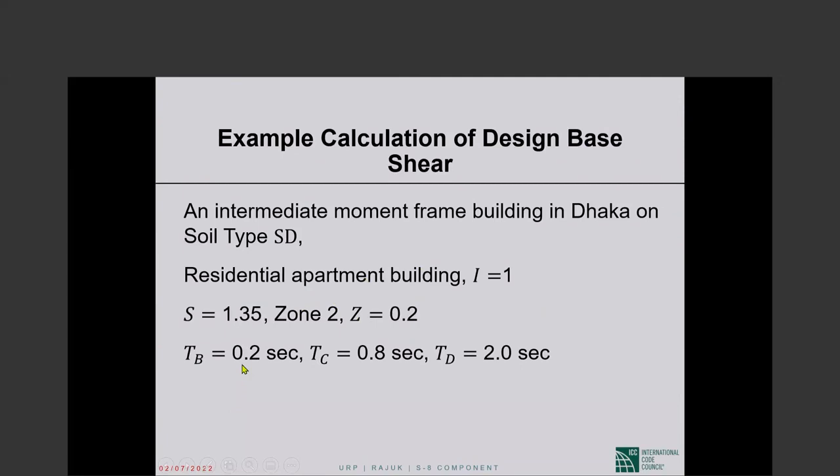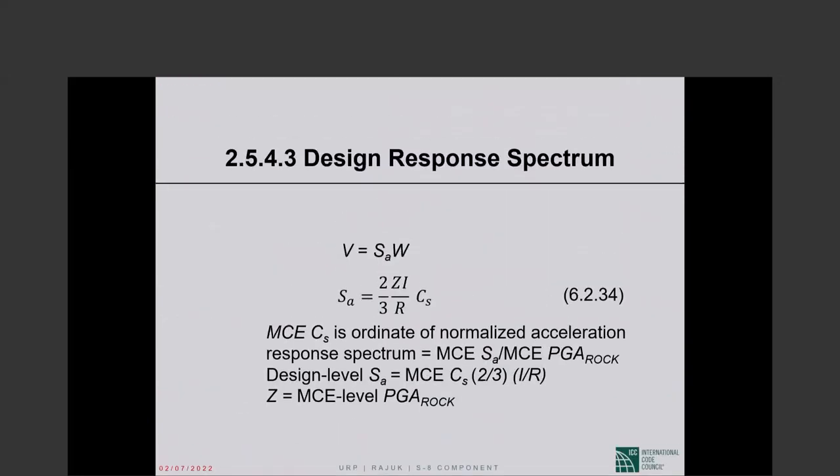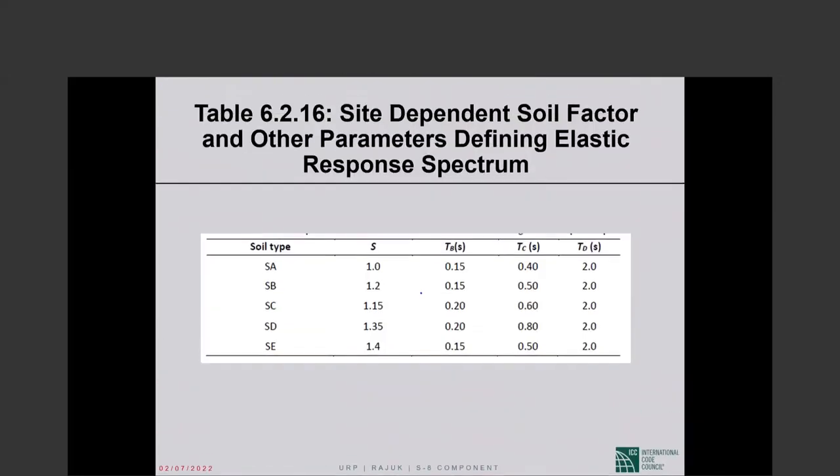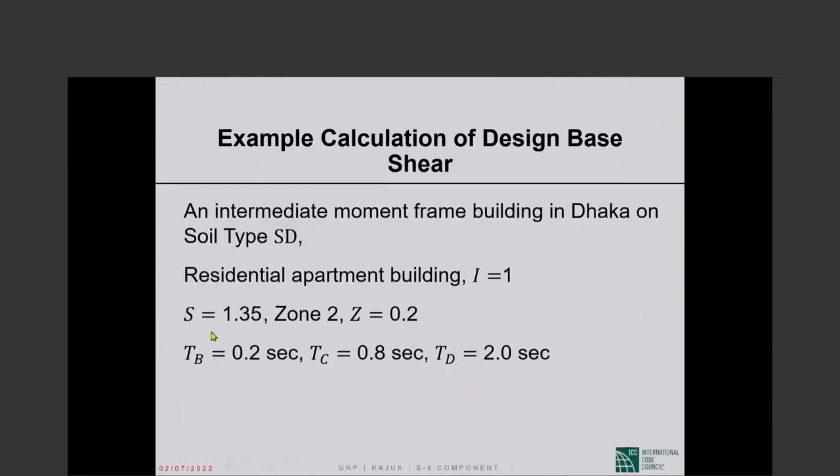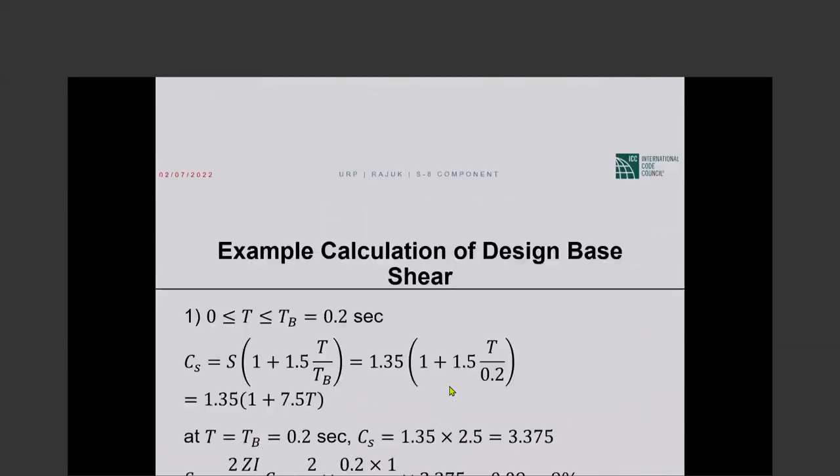From the same table, for Dhaka SD, TB is 0.2 second, TC is 0.8 second, and TD is 2.0 seconds.